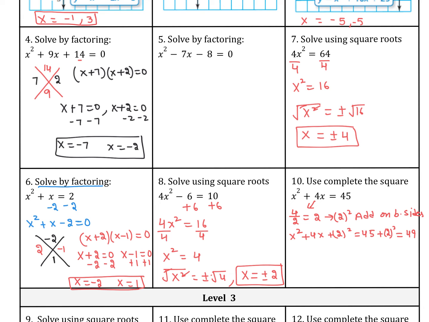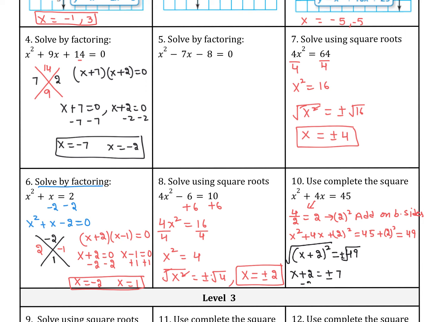Now make it into a perfect square. (x + 2) squared = 49. When you take the square root on both sides, you get x + 2 = plus or minus 7.